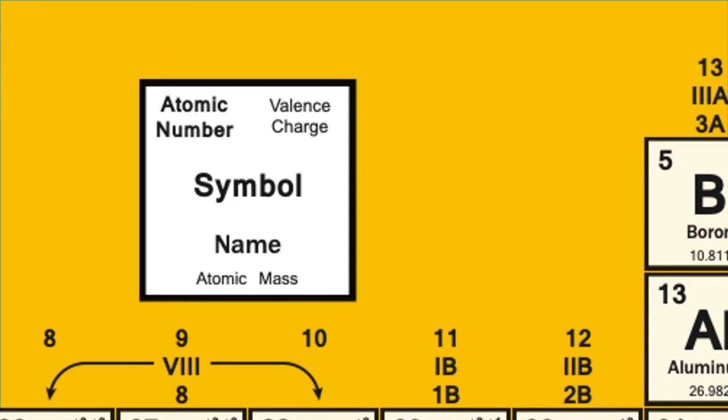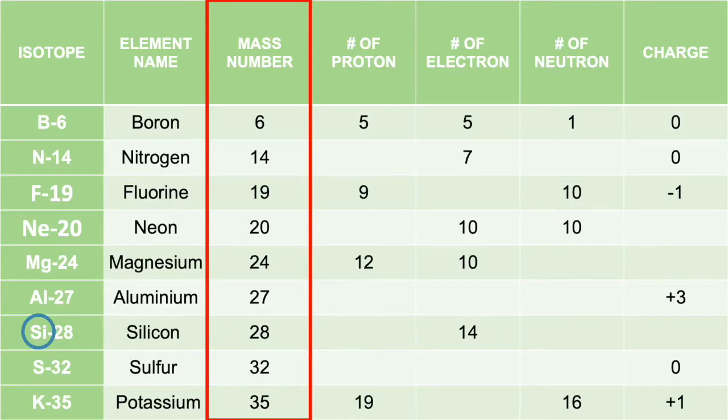Take note that each box corresponds to one element, and each box has the atomic number of the element, the valence charge of the element, the symbol, the name, and the atomic mass. The atomic mass of the element is found at the bottom. So, you are just going to simply copy the mass number to our data.